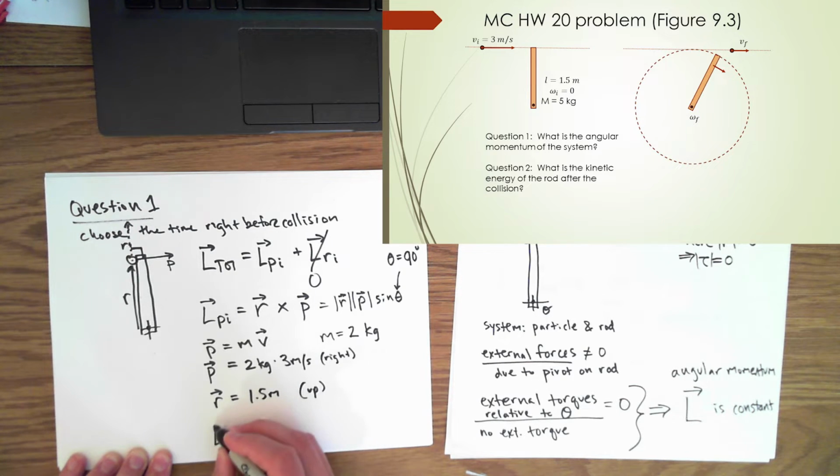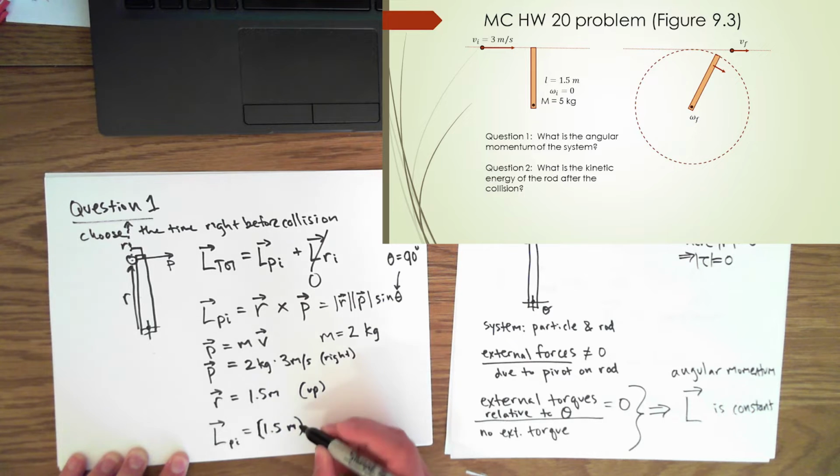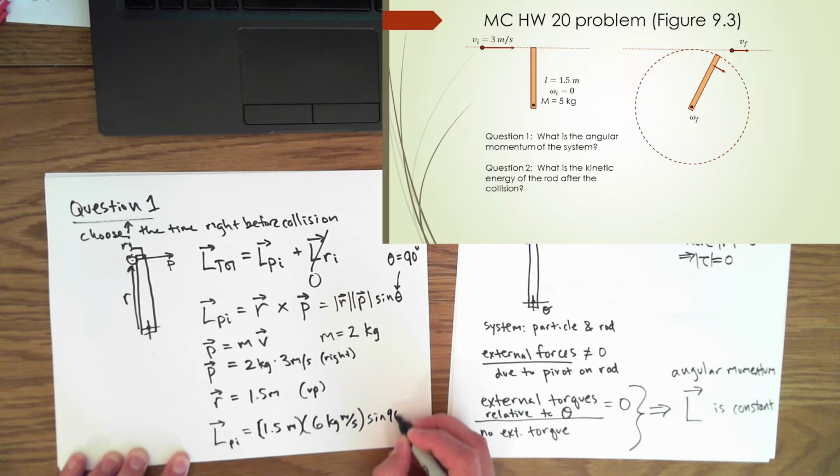So L is equal to the magnitude of r, that's 1.5 meters, times the magnitude of p, which is 6 kilogram meters per second, times sine of 90 degrees, that's 1.